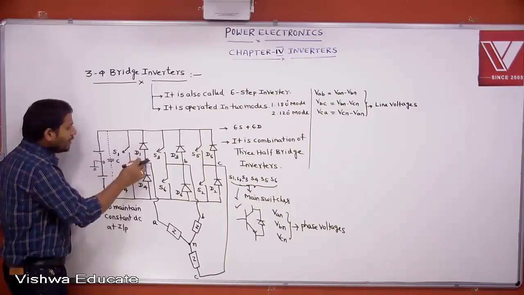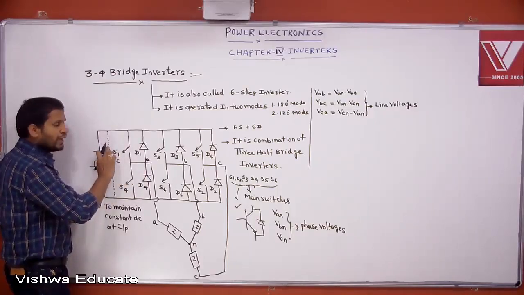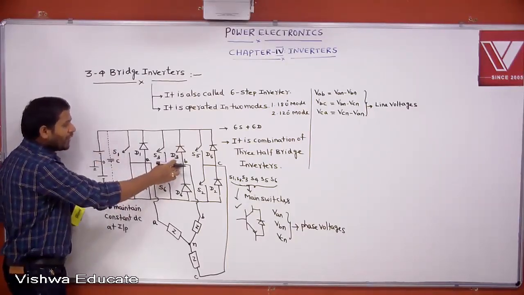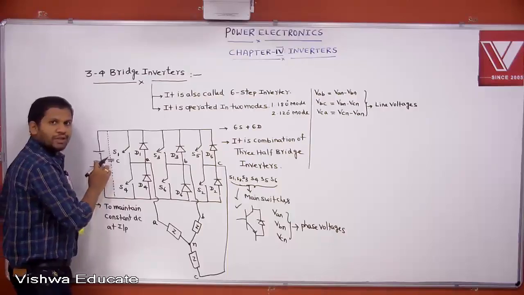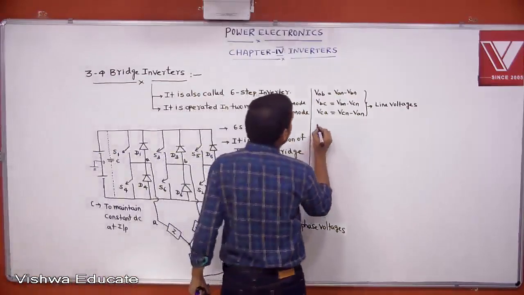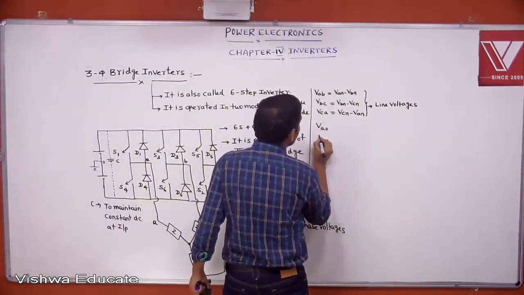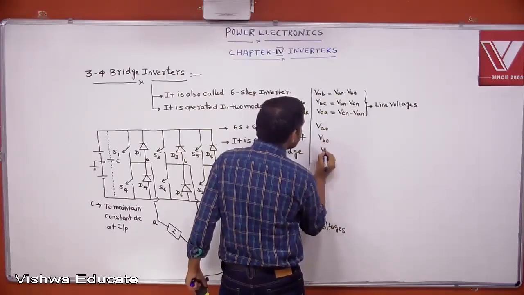From A phase to this grounding point we have VA0, from B phase VB0, and VC0.